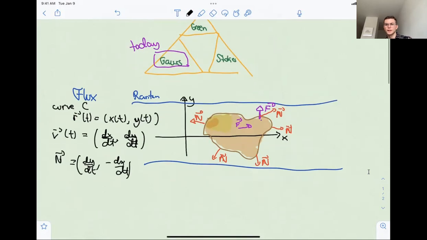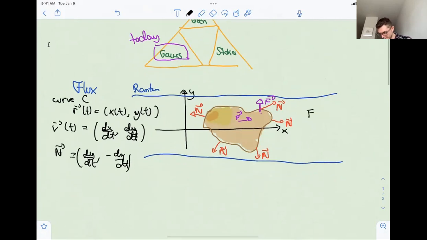And the flux, if you remember the formula, was just the integral of the dot product of f with the normal vector. So instead of it being with the velocity vector, which is the usual one that we use for work, for the flux it was just the integral of f dot n.